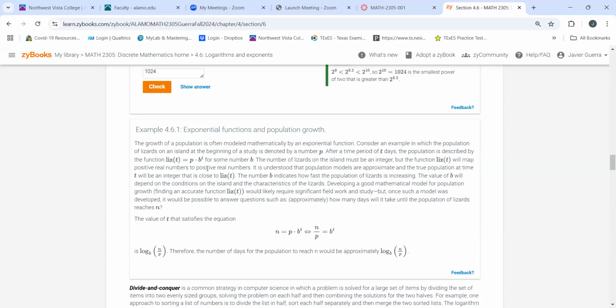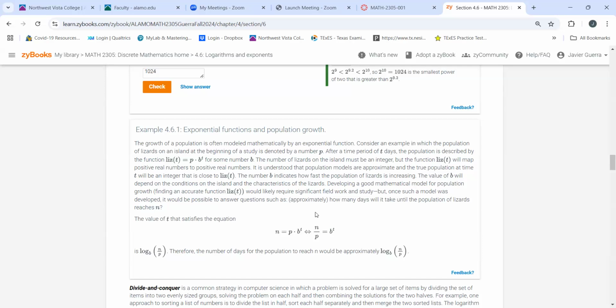The number of lizards on the island must be an integer, but the function liz of t will map positive real numbers to positive real numbers. It's understood that the population models are approximate and that the true population at time t will be an integer that is close to liz of t.